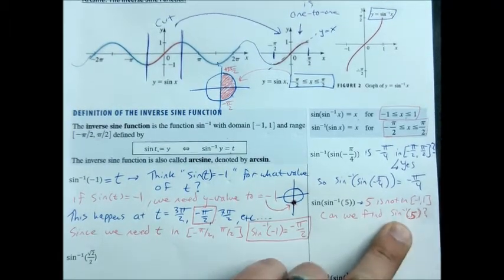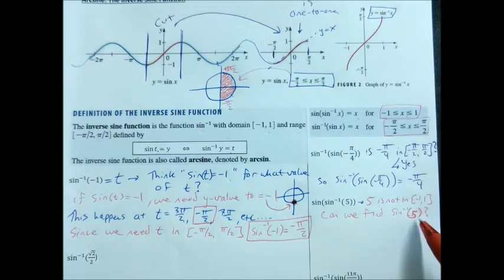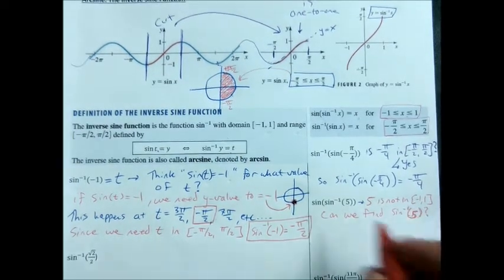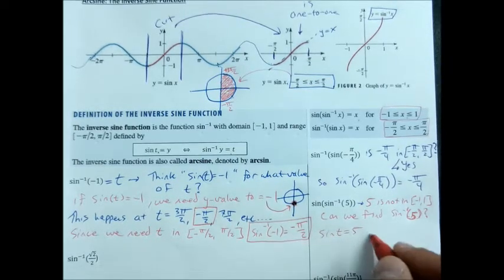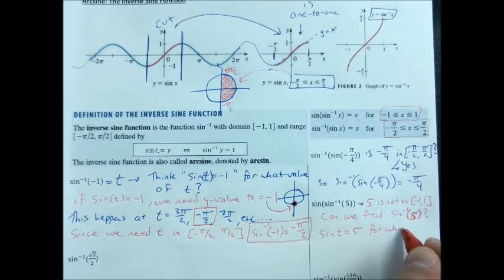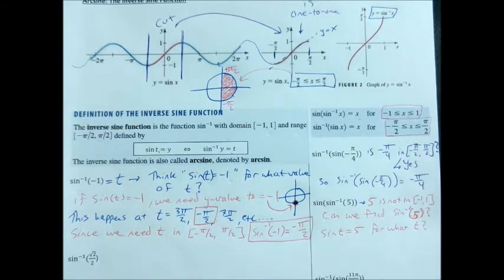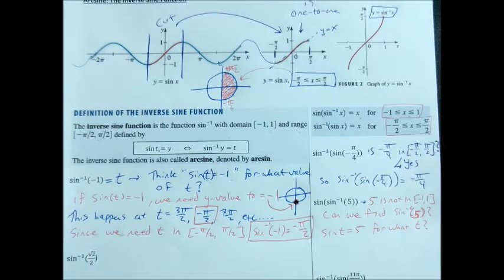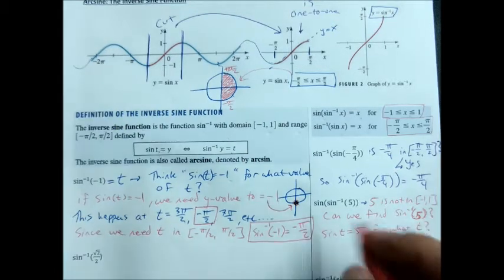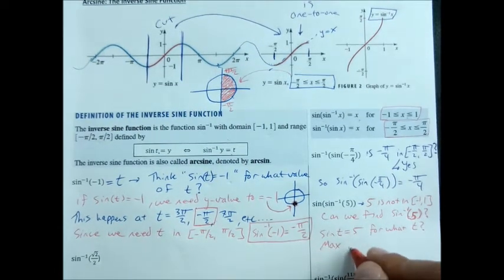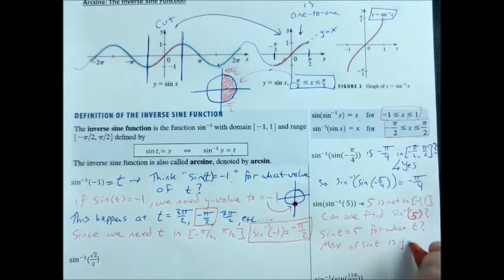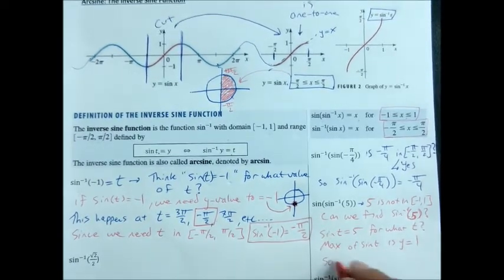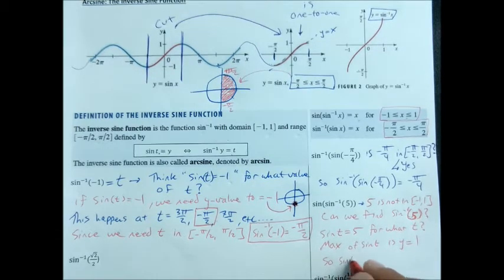Anyway, if we want to do sine inverse of 5, we think, sine of what gives me 5? Nothing. You can't get a 5 out of sine, because what's the biggest sine ever gets? 1. So the max of sine is y equals 1. And so that's why this problem fails.